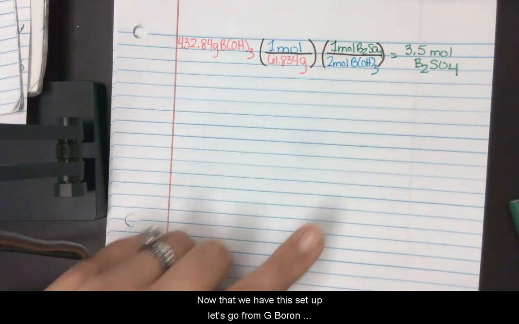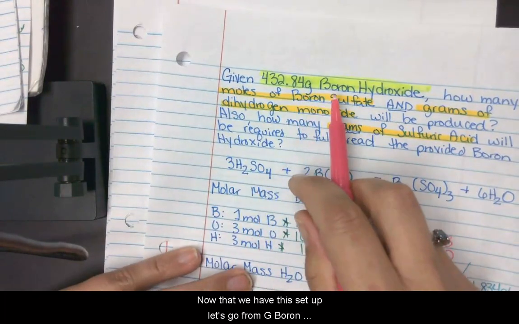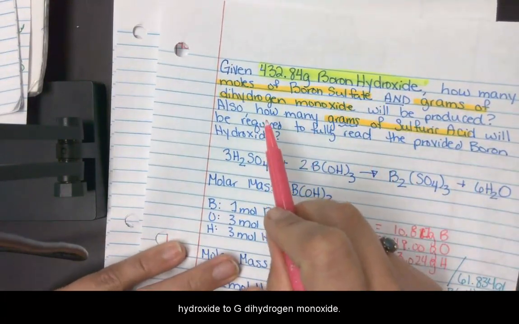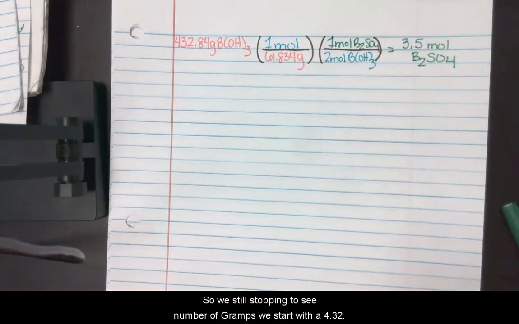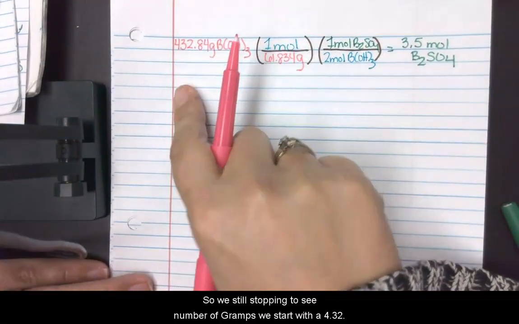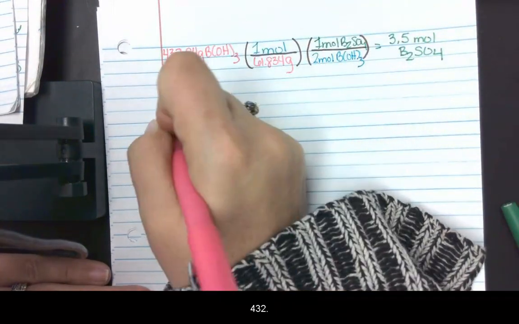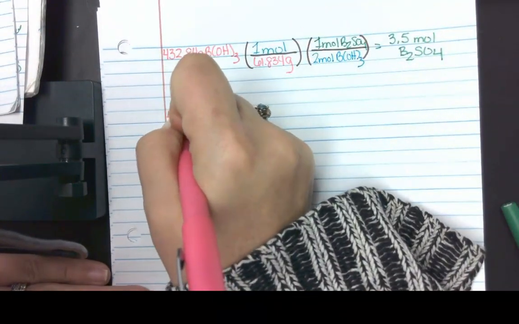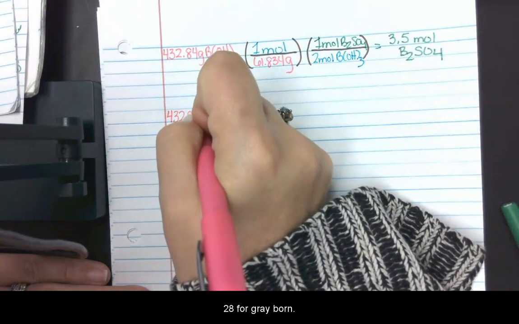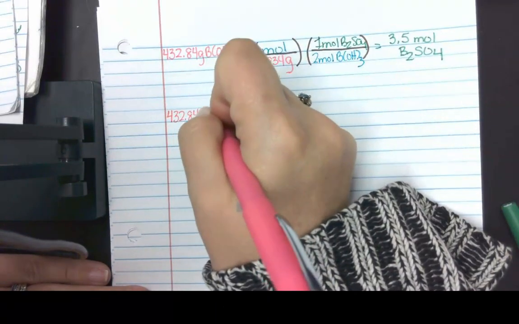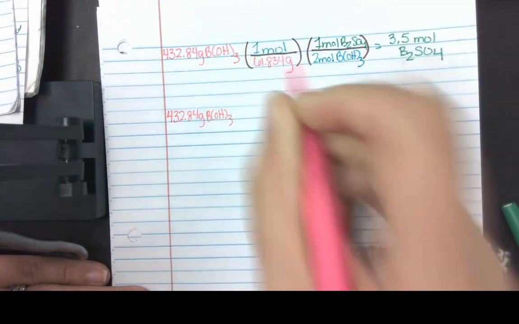Now that we have this set up, let's go from grams boron hydroxide to grams dihydrogen monoxide. So we still start with the same number of grams. So we start with 432.84 grams boron hydroxide.